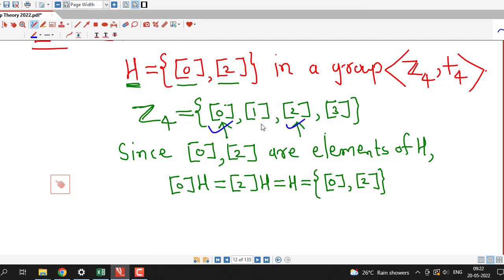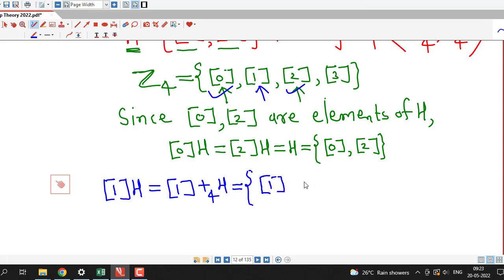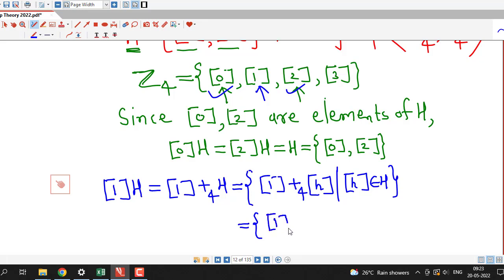Now we find the left coset corresponding to 1. For that we use the definition of left coset: 1H. Here the operation is addition modulo 4, so we can write this in this way also. By the definition of left coset, this is the equivalence class generated by 1 addition modulo 4, where h is an element of the subgroup. So first we write these elements.